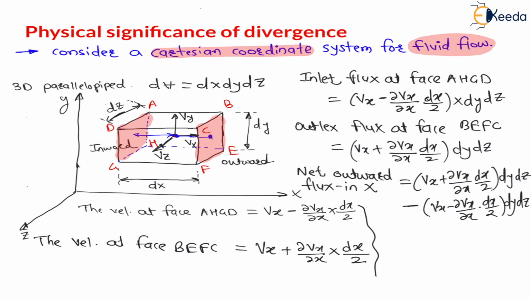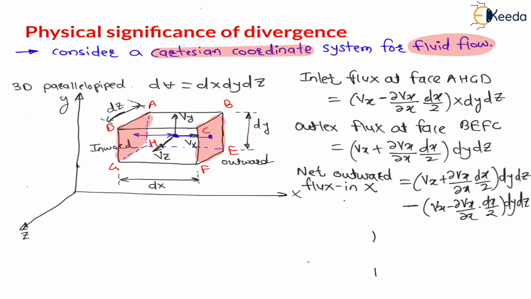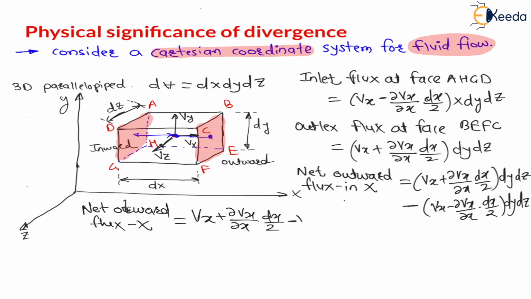See, what I will do now, I will erase these velocities so that I will get sufficient space for the calculation. See what I am getting, this net outward flux in x direction is equal to Vx plus dou Vx by dou x dx by 2 minus Vx minus dou Vx by dou x dx by 2, into area considering common, dy dz.